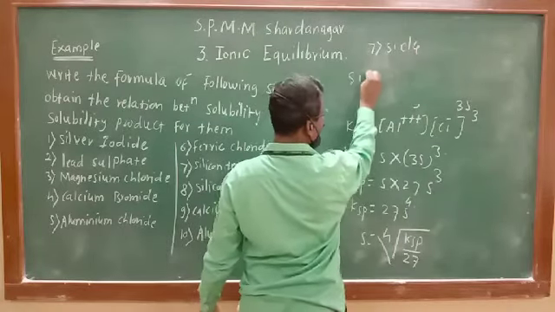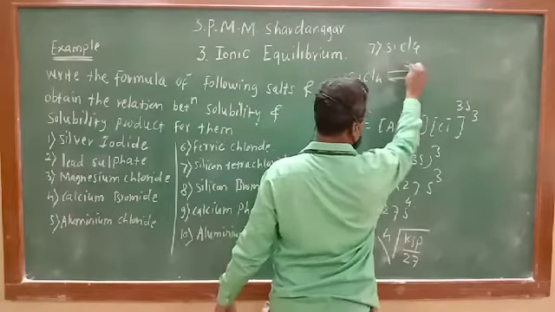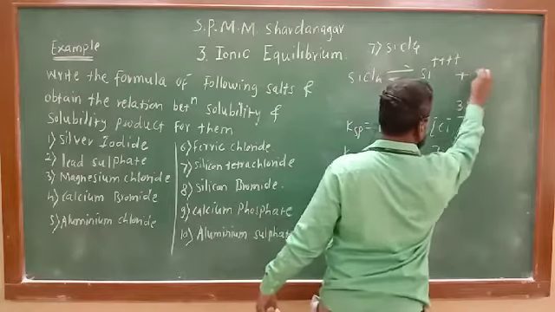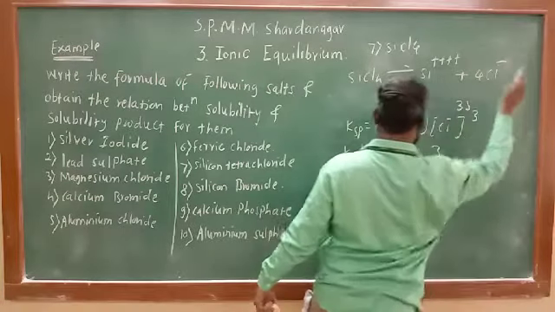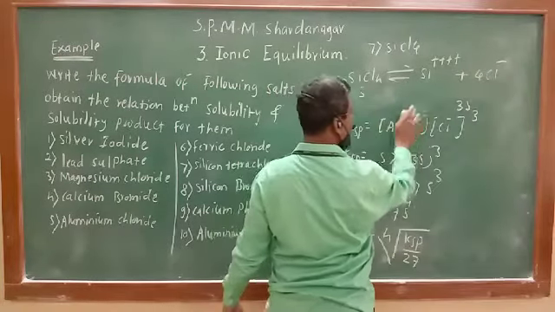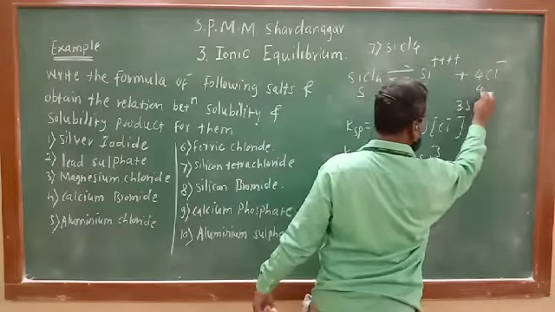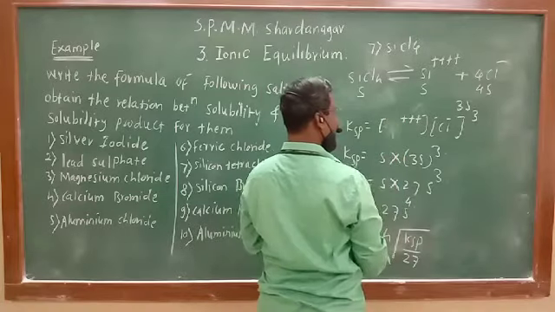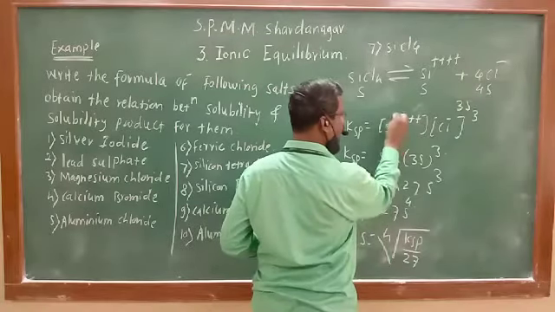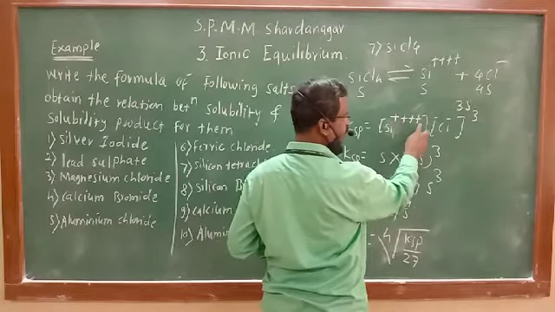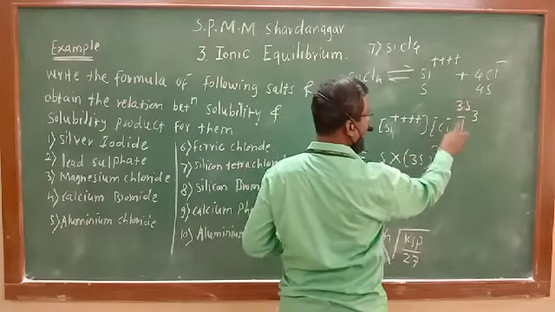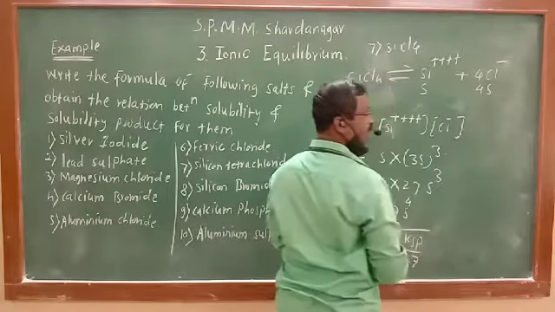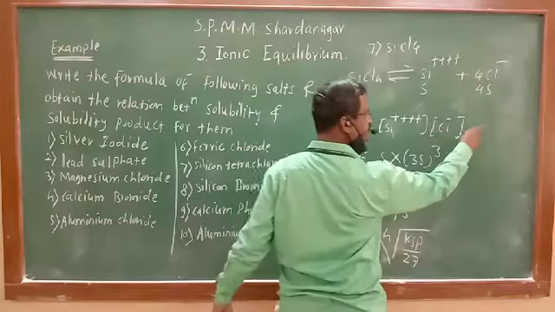This undergoes dissociation, producing Si plus and 4Cl minus. So if the solubility is s, this will be 4s, and Ksp is Si times Cl minus. What is the power of Cl minus? 4.